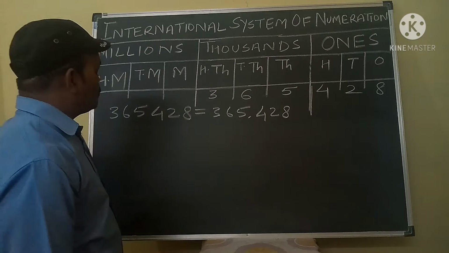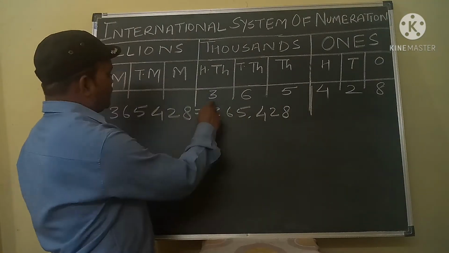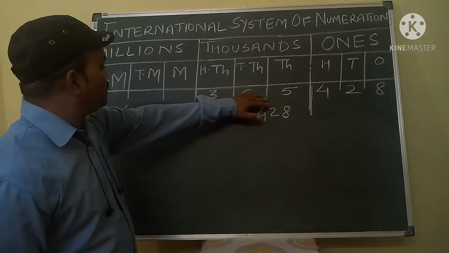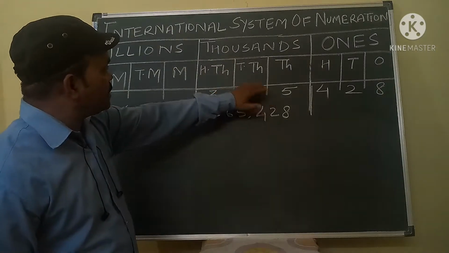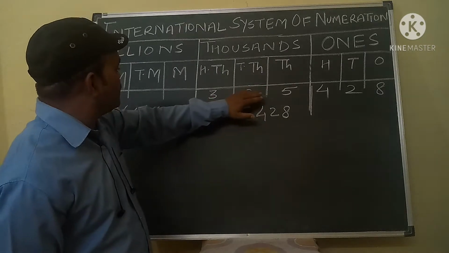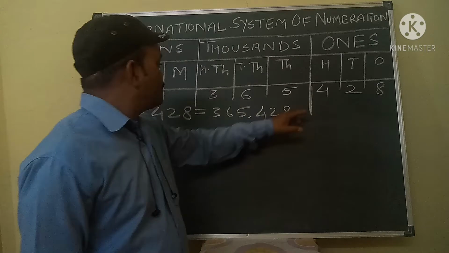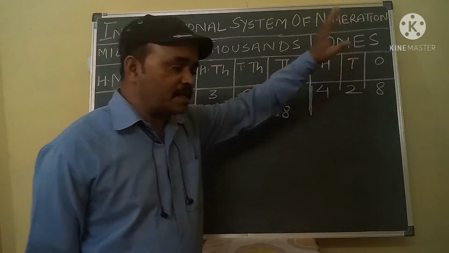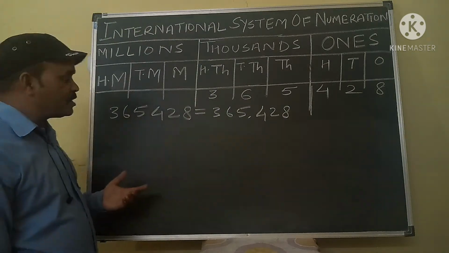Okay, so 365, that means 365. 365 is in which group? 365 is in thousand period, and 428 is in ones period. So how can you read and write this number?